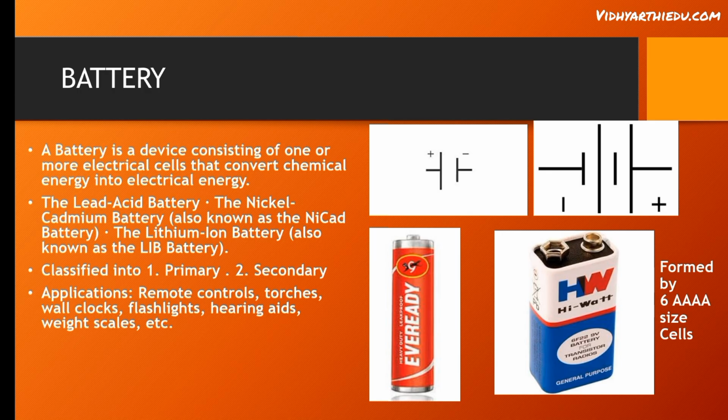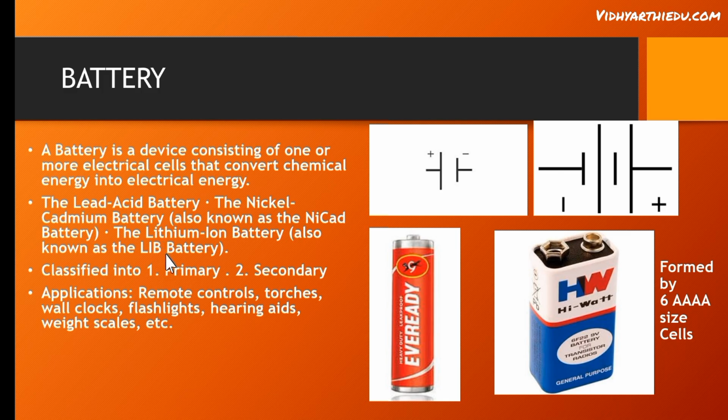On the right side, there is a 9 volt battery. This is formed by six cells, so this is the 9 volt battery. Now, examples of batteries are the lead acid battery, the nickel cadmium battery, also known as NiCad battery, and the lithium ion battery, also known as LiB battery.